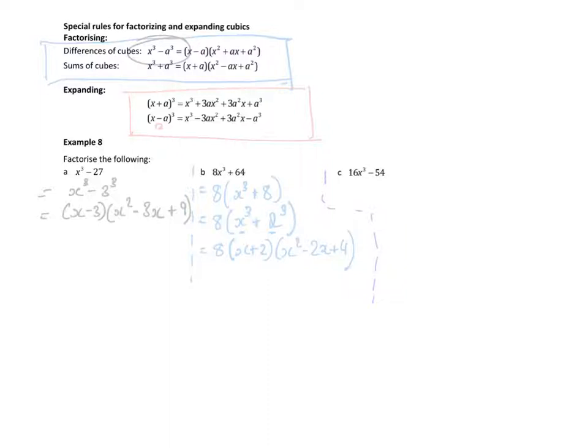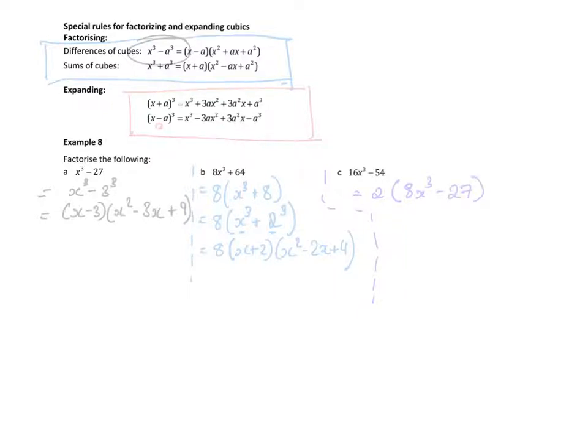Yes, you could take out 16 because it's common to both of them, but we might be in a little bit of trouble in terms of trying to do difference of two cubes. What I would suggest here is take out a common factor of 2. So if I take out 2, I'm left with 8x cubed minus 27.